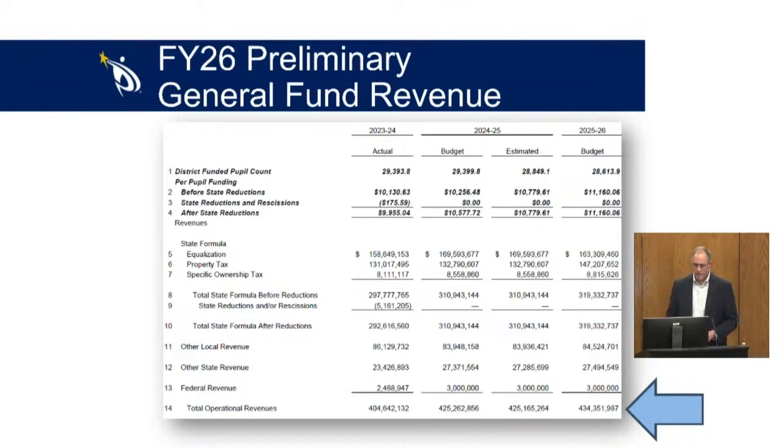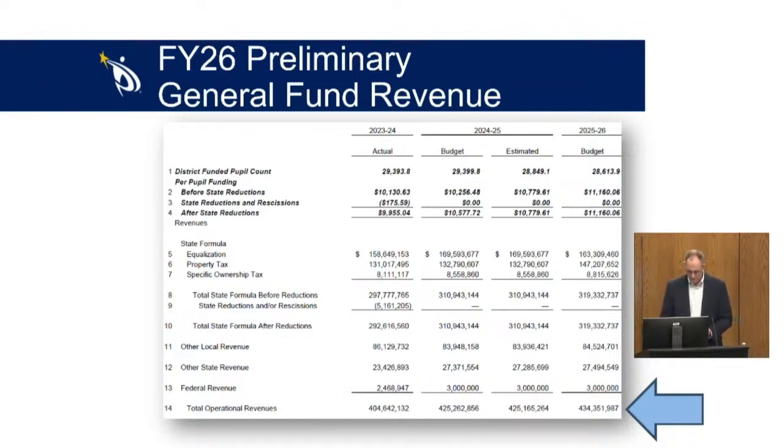Below that, we get into some other revenue items. Local revenue, $84.5 million. That is primarily mill levy overrides from various years, not including the 2024 mill levy override because that's in a separate fund, but most recently the 2019 mill levy override that grows by the rate of inflation. Other state revenue is in line 12.